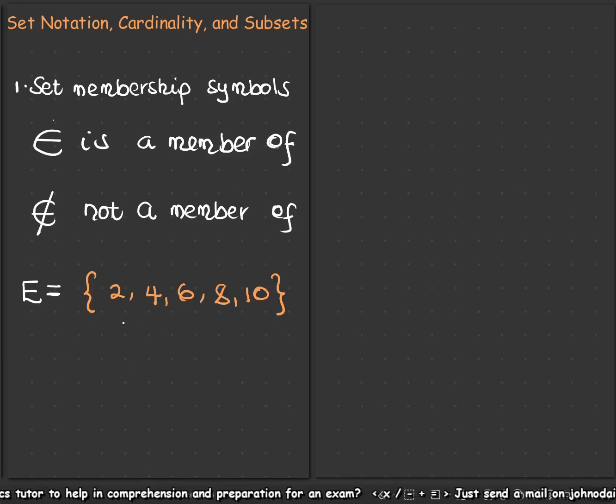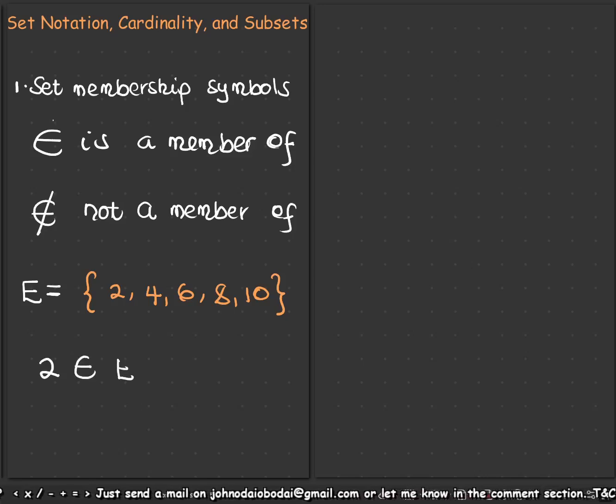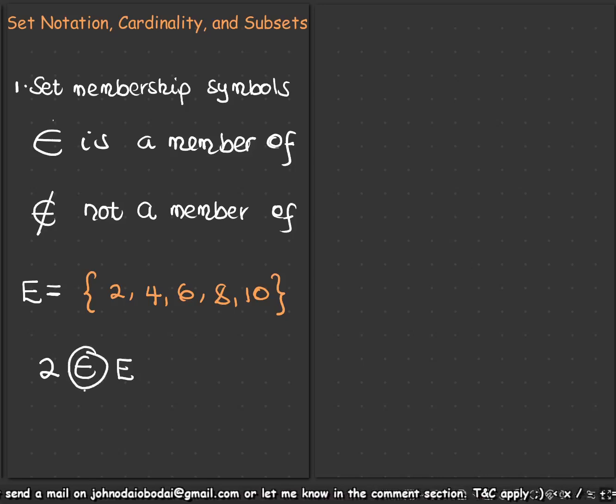Considering set E, which are even numbers from 2 to 10, we can say that 2 is an element of set E. That is where we use the symbol.